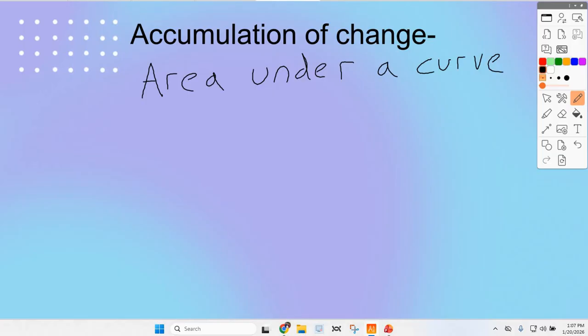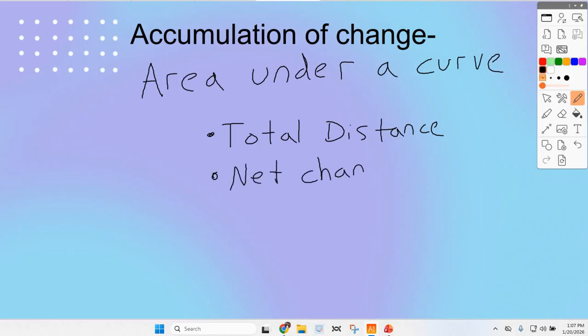Also some applications, so we talked a little bit today about total distance. We will also look at things like net change. This is also, towards the end of the semester, going to allow us to find exact volumes.